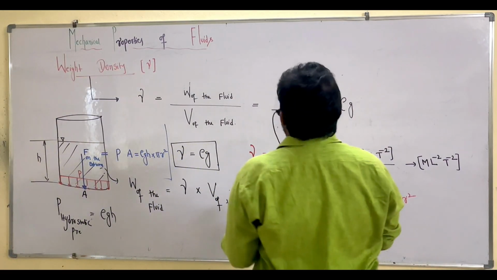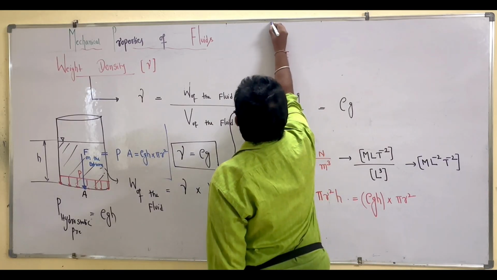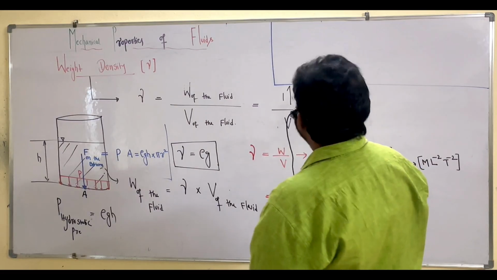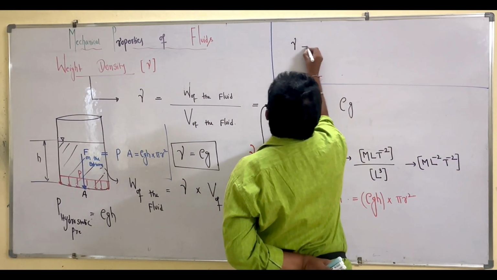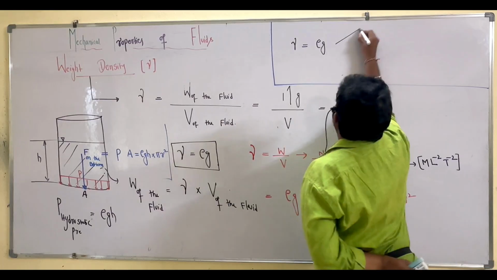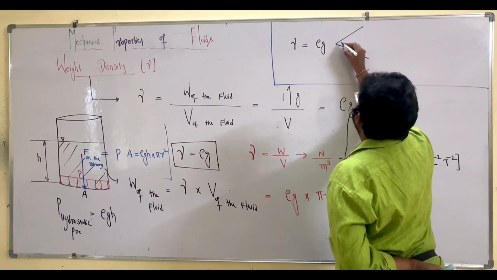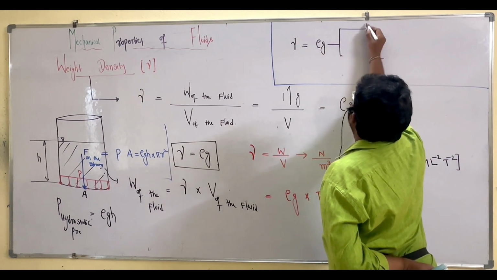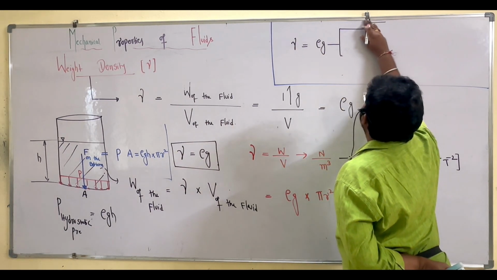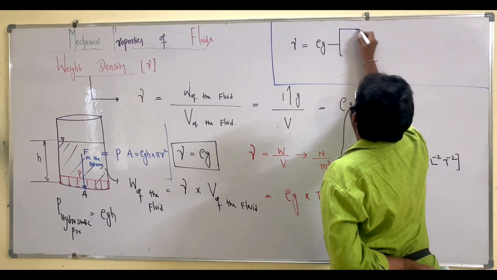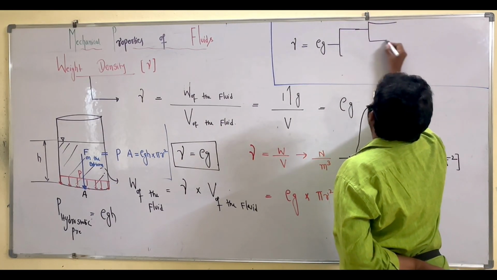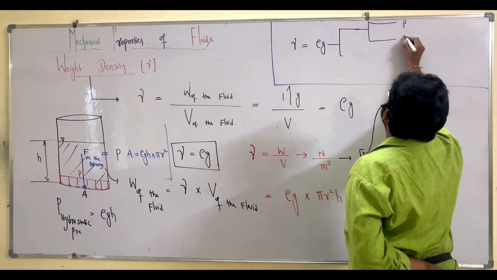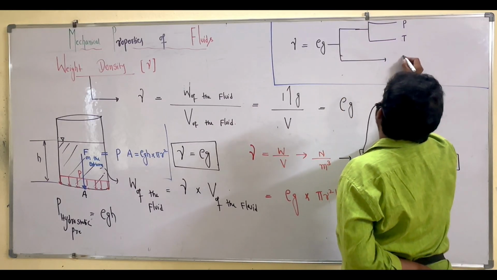Here also the same thing. Gamma equal to rho g. It depends on pressure, it depends on temperature, it depends on location.